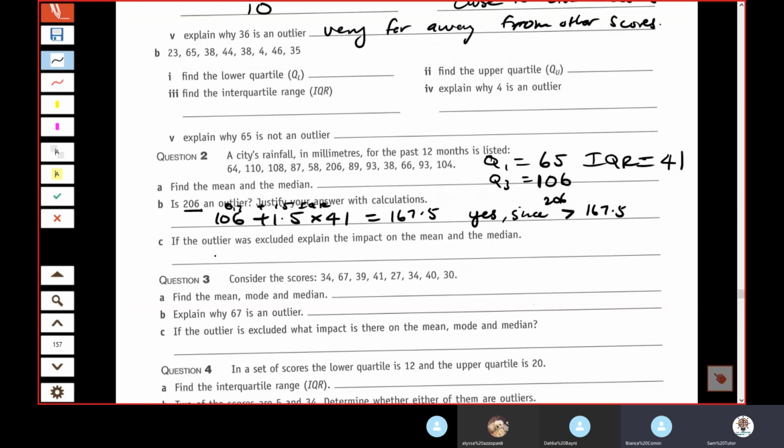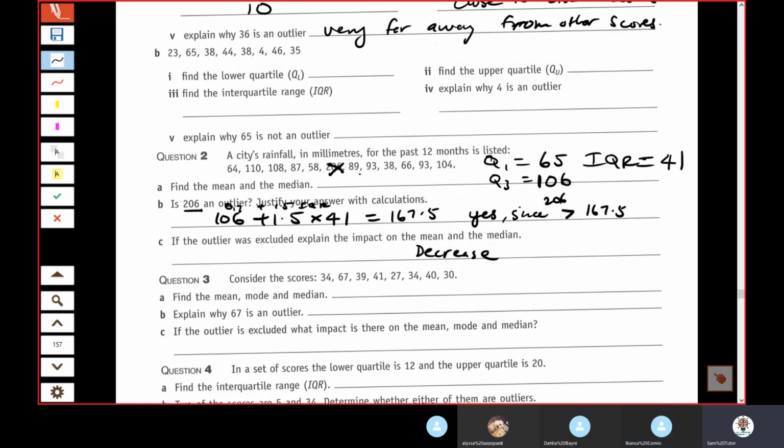And then the question says, if the outlier was excluded, what's the impact on the average and the median? I'm assuming the average would definitely do what? Go up, go down, stay the same? Decrease, right? The average will get smaller because you've removed a larger number. And what would happen to your median?